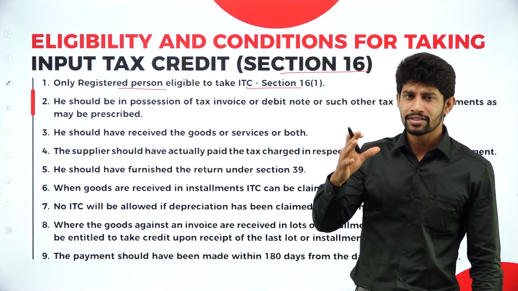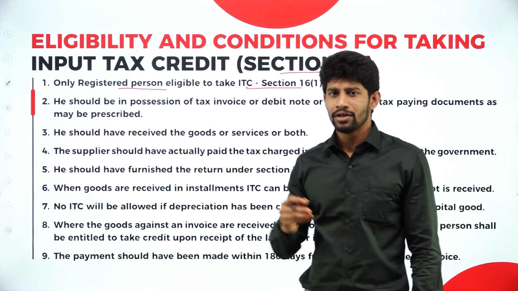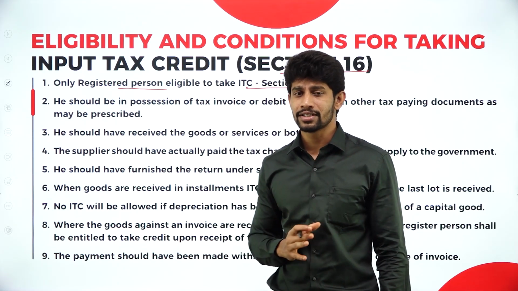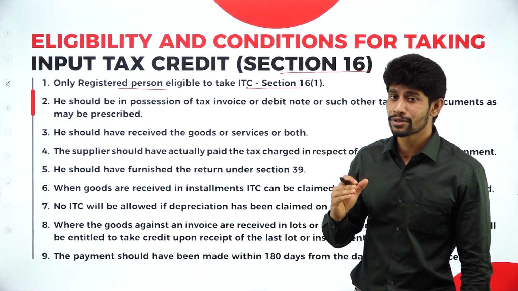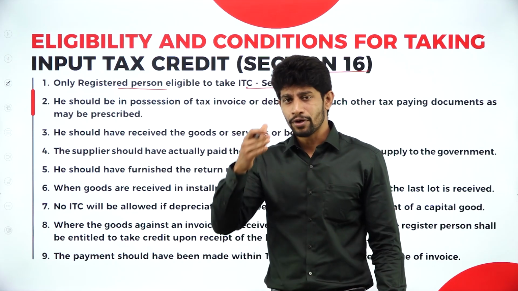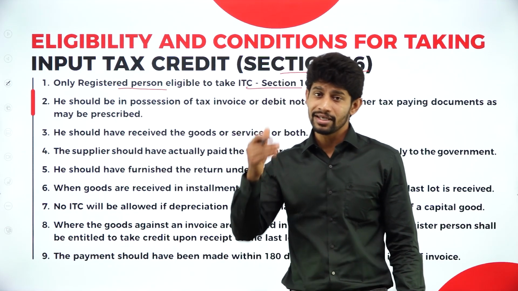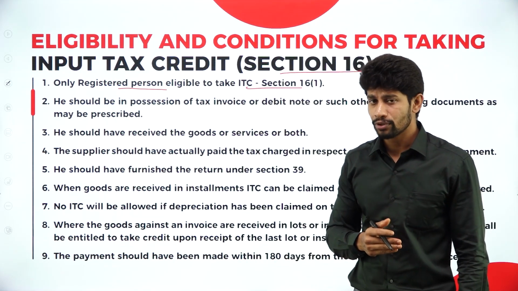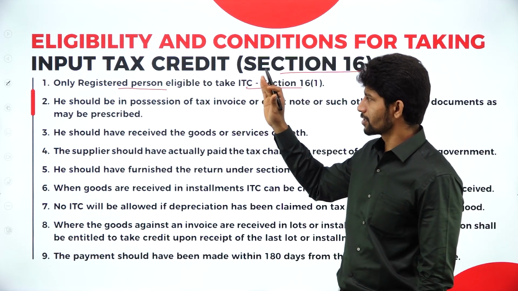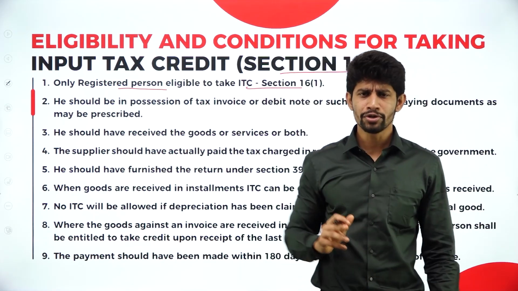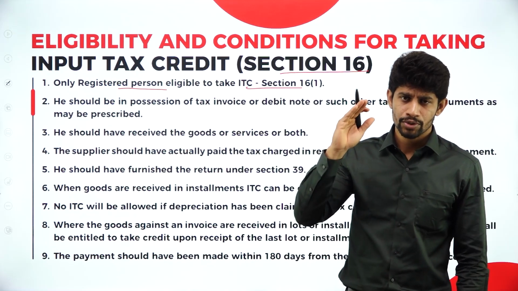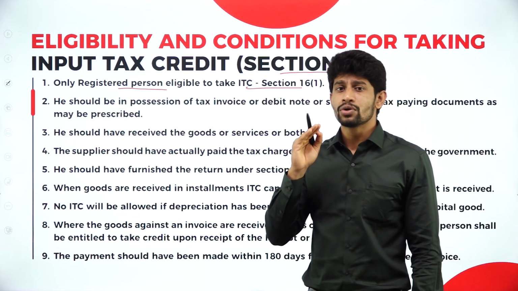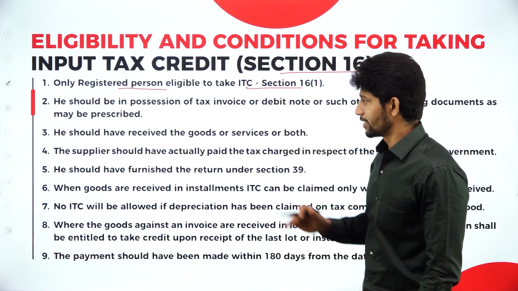If you are not registered with the GST authority, then you are not eligible to claim input tax credit. If you are registered with the GST authority, then you are eligible. So the first condition is you should be a registered dealer to claim input tax credit, that is ITC.